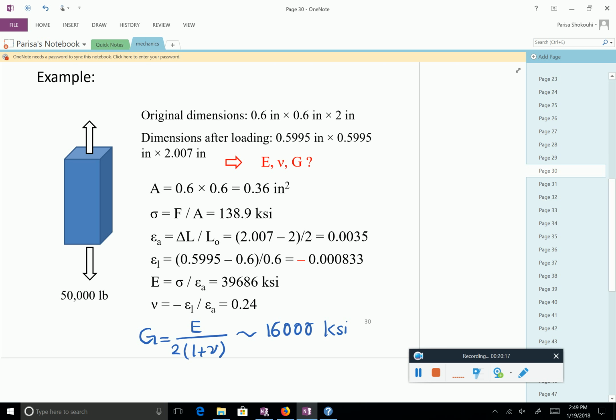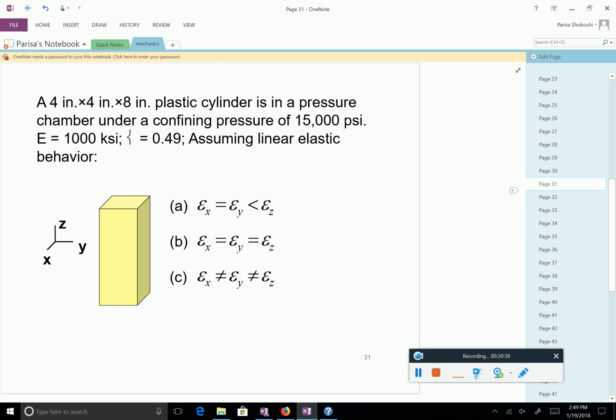So the question here is, you have, it's obviously not a cylinder, so if you have, again, a block of material, plastic in this case, and you place it inside a pressure chamber under a confining pressure of 15,000 psi.